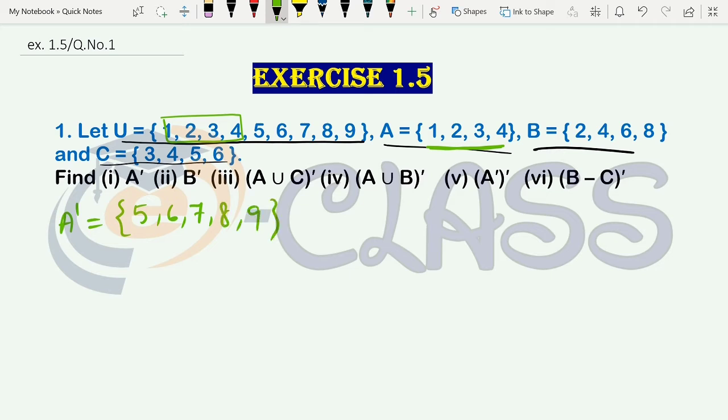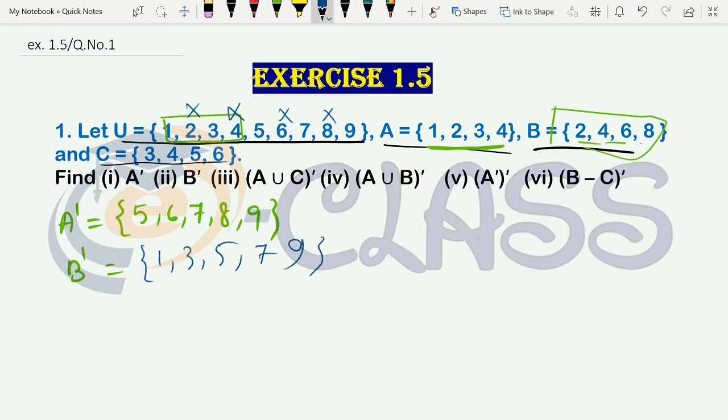Now B complement. Similarly, for B complement, just ignore the elements of B, that is 2 4 6 and 8. So just omit 2 4 6 and 8. So we get 1 3 5 7 9. So this is B complement.